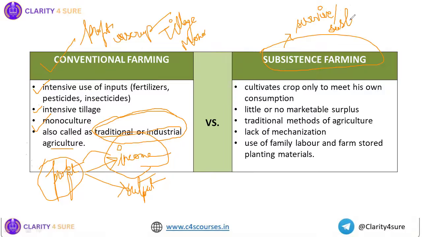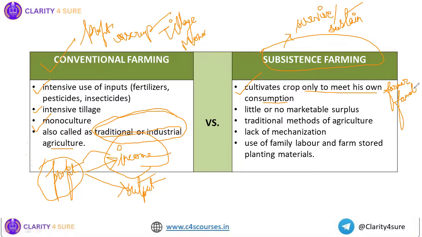So what are the characteristics of the subsistence form of farming? It cultivates crops only to meet the farmer's consumption, that is, the farmer and his family's consumption.